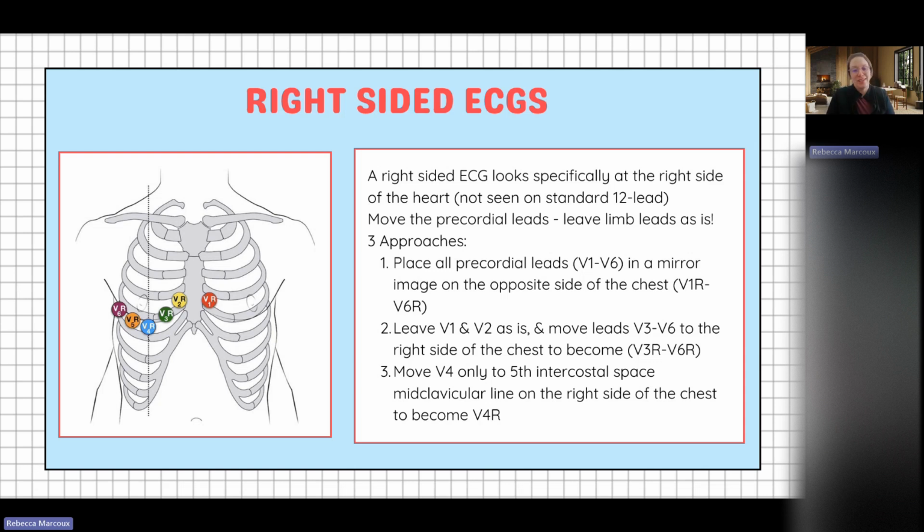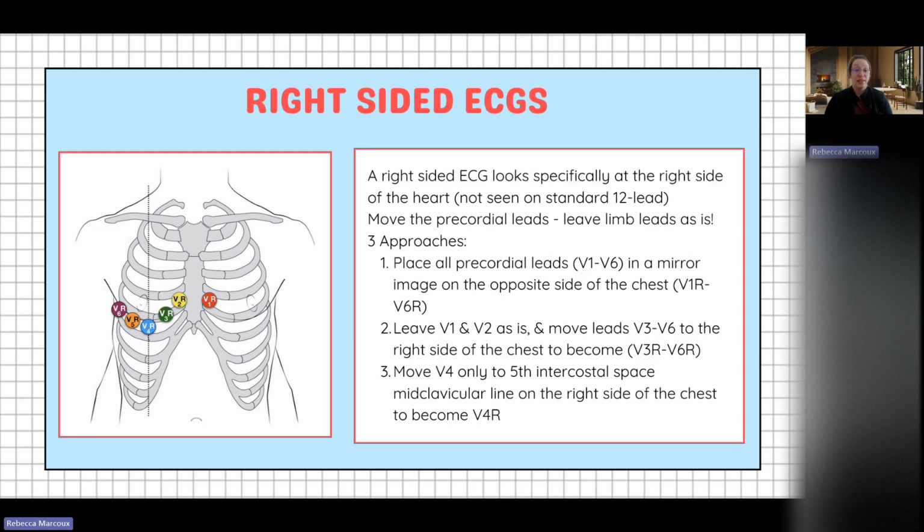There are 3 approaches, and this is where it's important to know what your protocol is at your facility. The first approach is to move all your precordial leads, V1 to V6, in a mirror to the opposite side of the chest. You would start V1 on the left side of the chest, then V2, V3, V4, V5, V6, and you would relabel them as V1R to V6R.